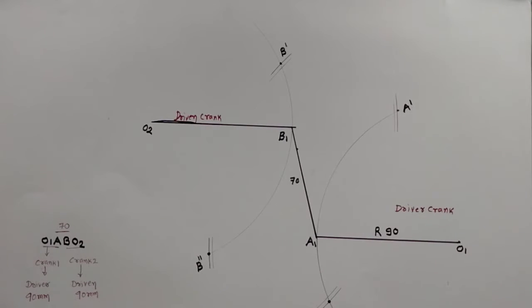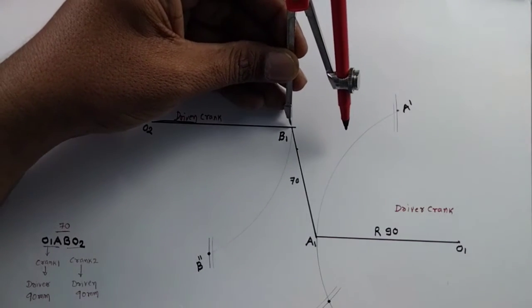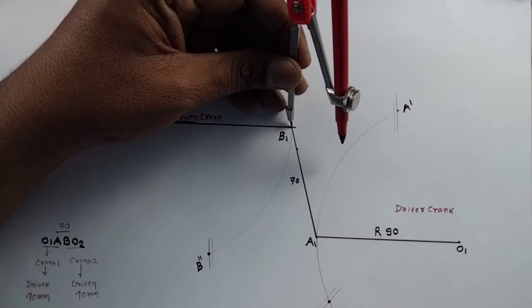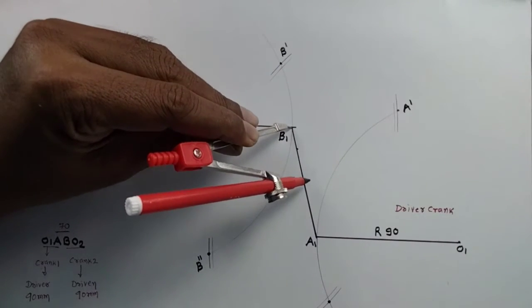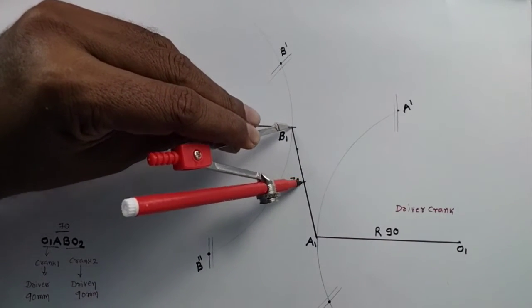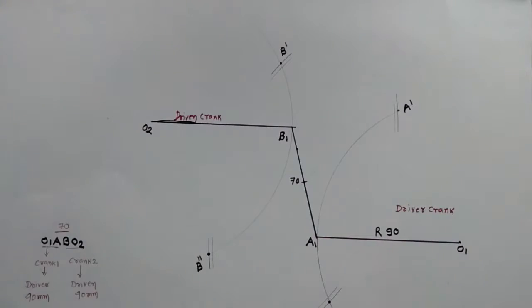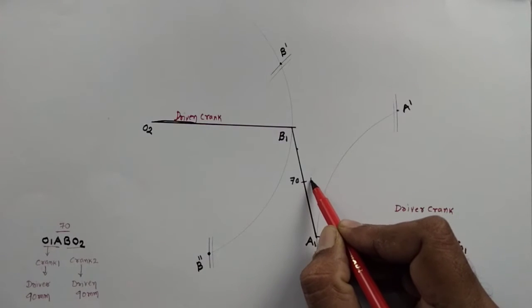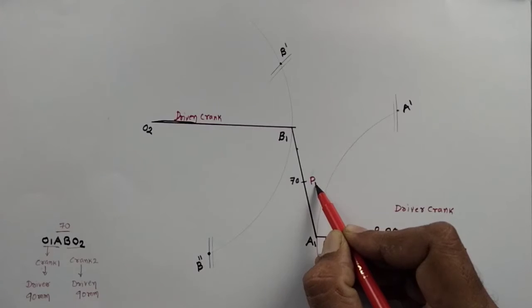Now the question is, draw the locus of midpoint of connecting link. So I take the B1 as a center, 35 mm radius. Now I draw the arc on first position. This is our P1 point.